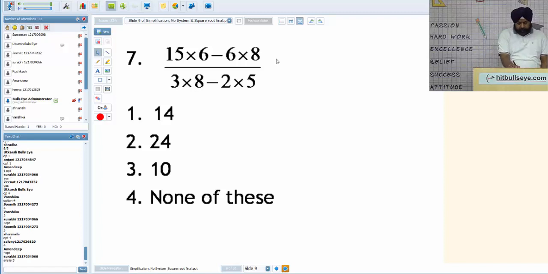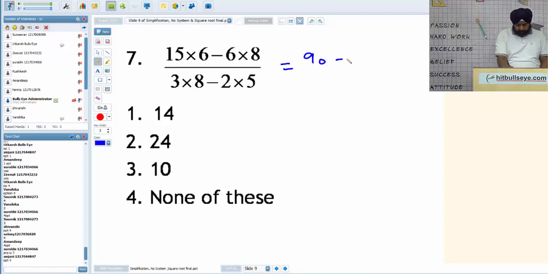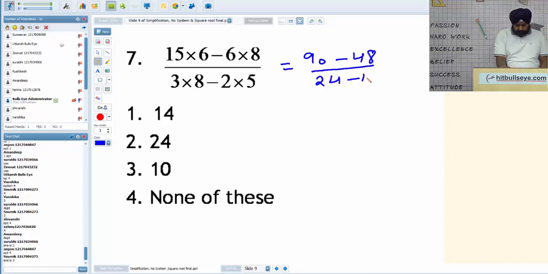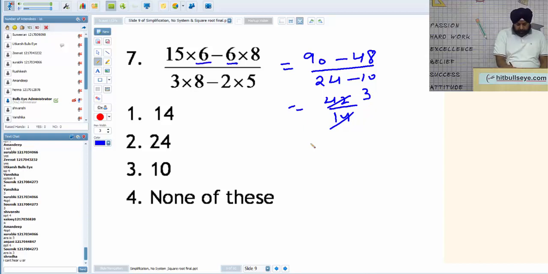Absolutely right. 15 into 6, 90 minus 48 divided by 24 minus 10. Very simple question. It's 42 by 14. It's 3. Alternatively, you can take 6 common. 6 common, then 15 minus 8 inside upon 14.